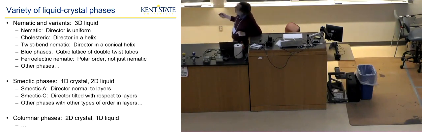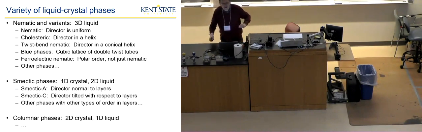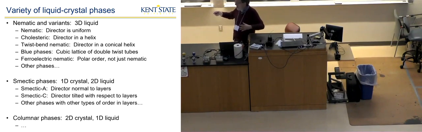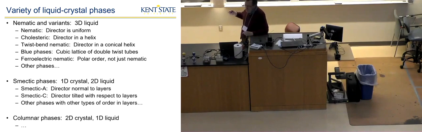There are blue phases which have a very complicated cubic lattice of double twist tubes. So there are tubes in which the director has a twist, as I will show you later, and then those tubes are arranged in a cubic lattice.